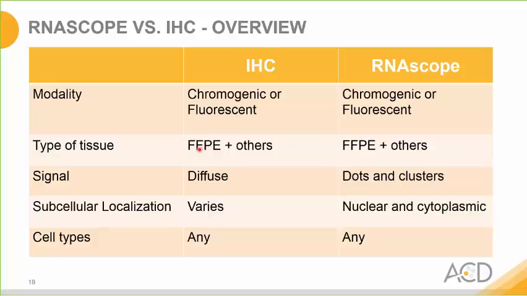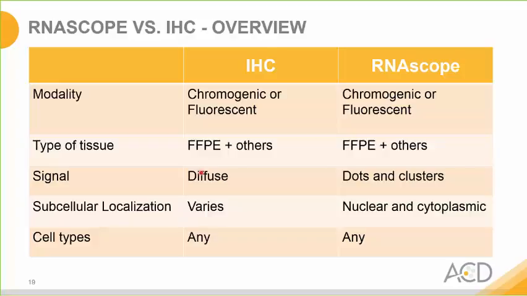It can also be applied to tissues fixed under other conditions, whether that be alcohols or even fresh frozen tissues. Regarding the signal appearance, IHC assays tend to produce a diffuse signal in the region of the cell in which that protein biomarker is located, while RNAscope assays produce dots and clusters, which we'll go over the definitions of in a minute.